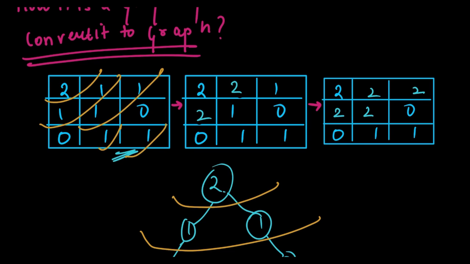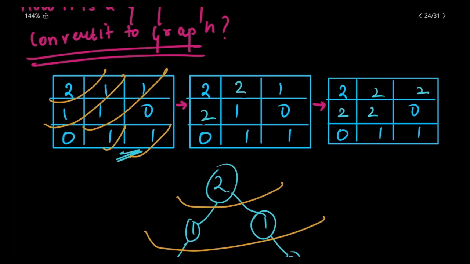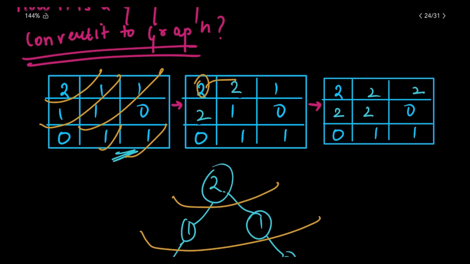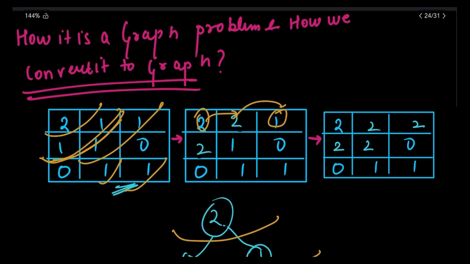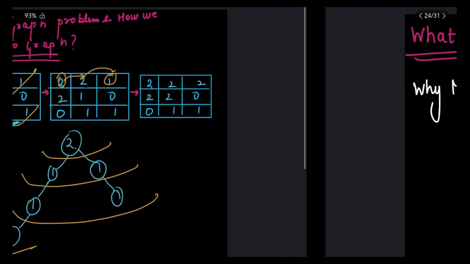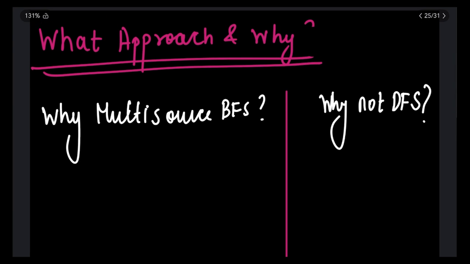It is going level by level. It is not like that we are going here, then here, then here. It is just rotting level by level, right?